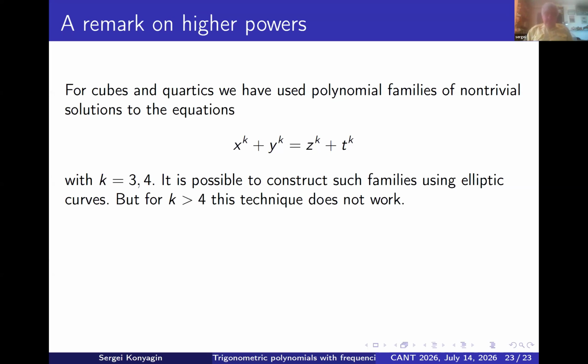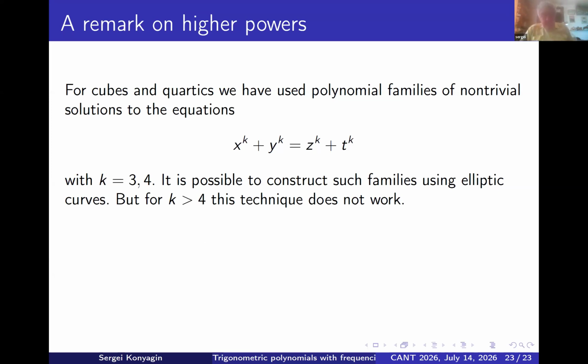The existence of some of these polynomial solutions is connected to the fact that this equation, if k is 3 and 4, can be obtained by consideration of some elliptic curves, and we know that in rational elliptic curves, if we have one solution, we have infinitely many solutions.